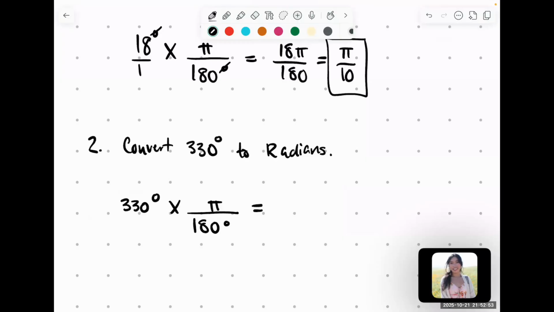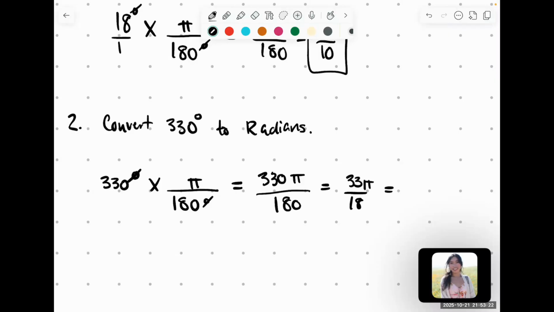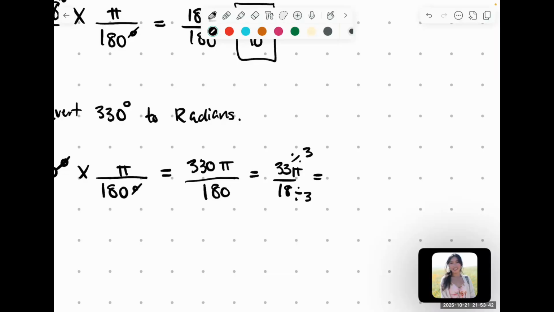I do it at the end. I don't know if that's easier, but basically we get rid of the degrees. 330 pi over 180. You could divide it by 10 at least to just get 33 pi over 18. And then I believe we could divide by 3, and that will get us 11 pi over 6. And that should be our final answer.